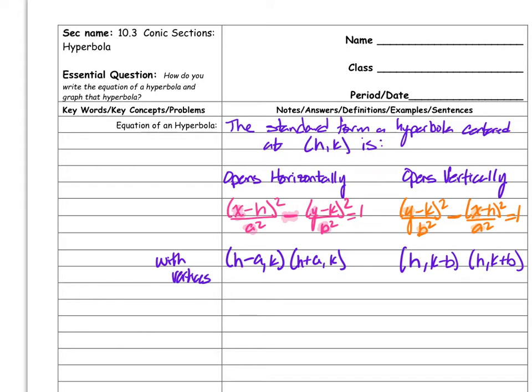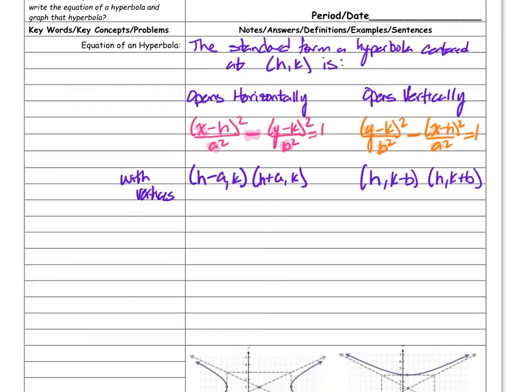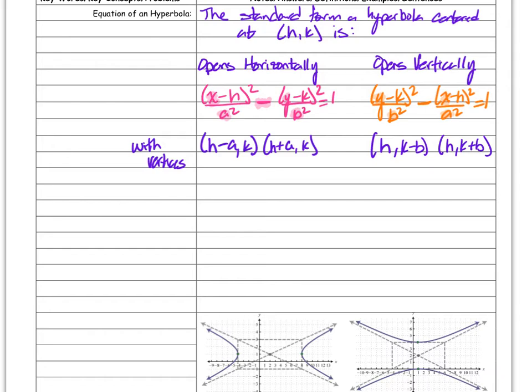I know this is a long definition. I just want to talk about it, because you guys are going to be like, what? But it is a longer definition, so that's why you have so much space on here.